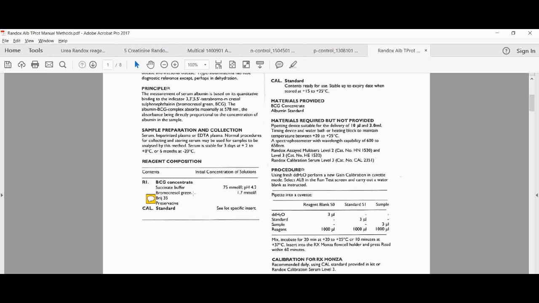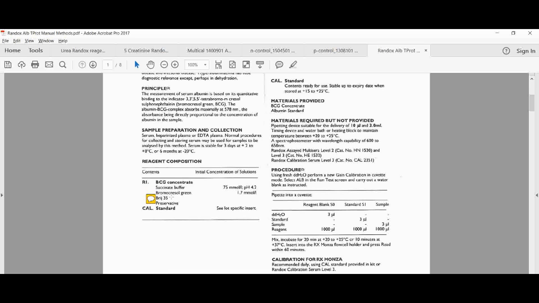And it also consists of the bromocresol green, the indicator reagent, at that specific concentration, 1.7 millimole per liter. Then it also consists of a Brij 35 reagent, and this Brij 35 reagent is a non-ionic solution.